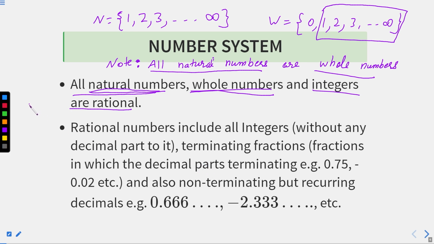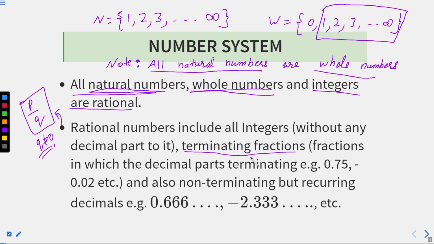We know fractions have the form P upon Q, and Q is not equal to 0. So rationals are of the form P upon Q, where Q is not equal to 0. And fractions are divided into various types, which we will discuss. Here we are talking about terminating fractions.